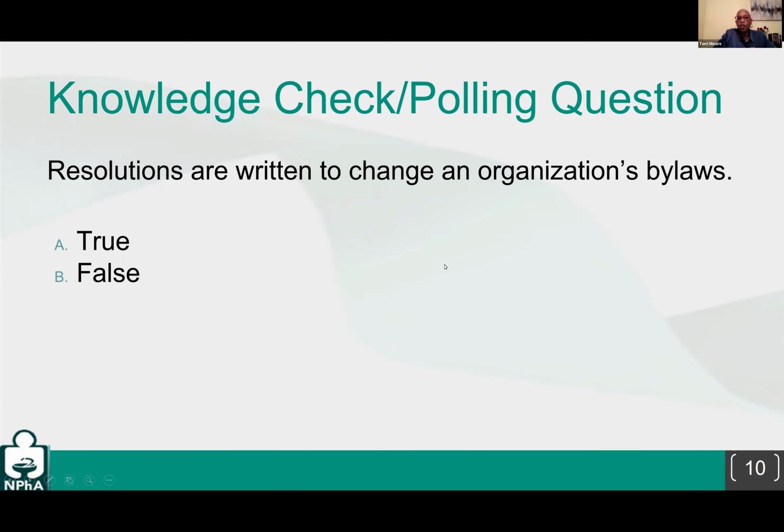That's how you change your bylaws. You change them through the amendment process, and we're going to talk a little bit about that in just a few minutes. In addition to resolutions, you can submit bylaws amendments through that link that was sent out via email. Thanks, Terry.